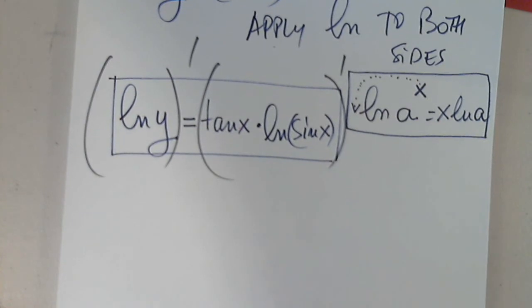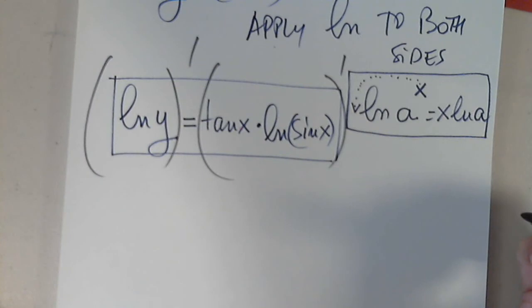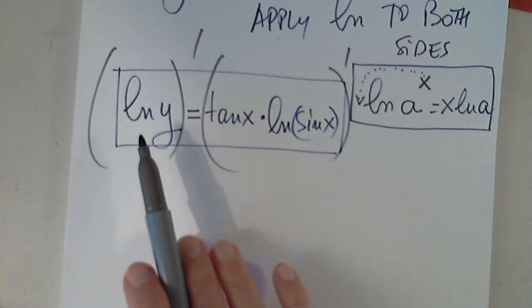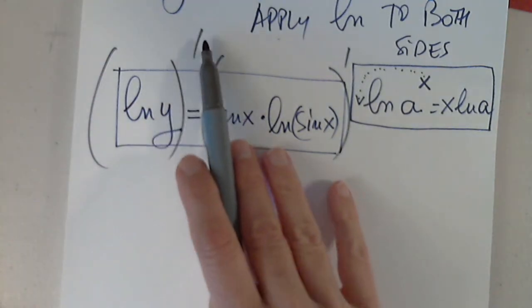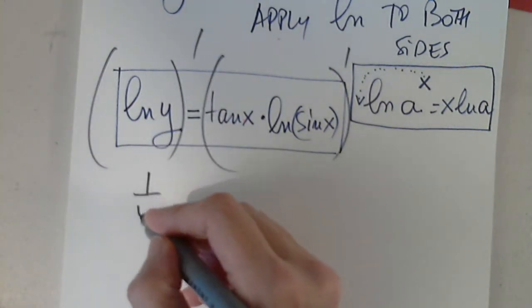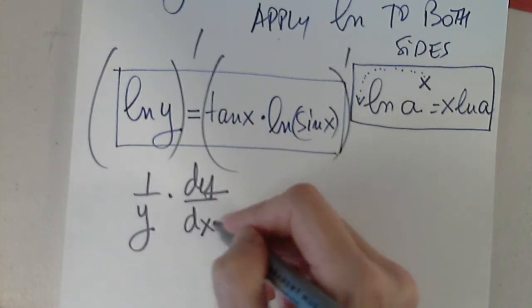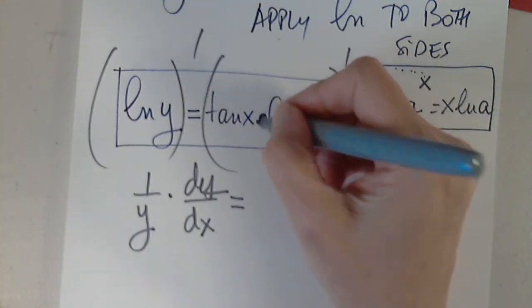We are going to differentiate implicitly and then solve for dy over dx. So, natural log y. Remember, y is a function. Natural log of a function prime will be 1 over y multiplied by dy over dx equals. I'm differentiating a product.